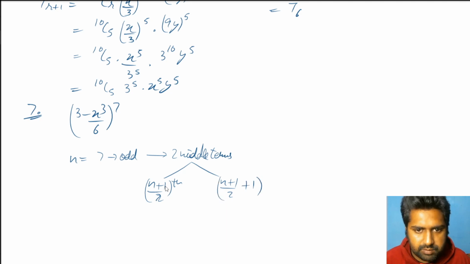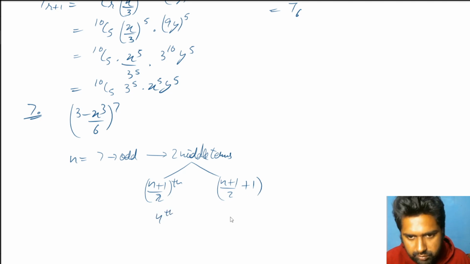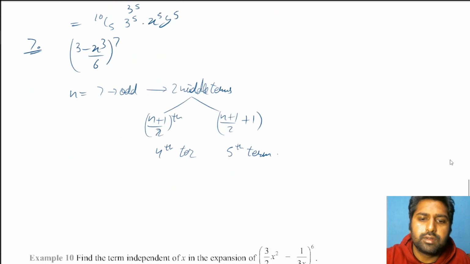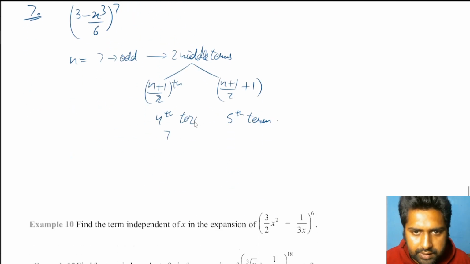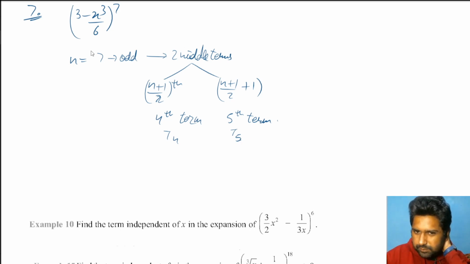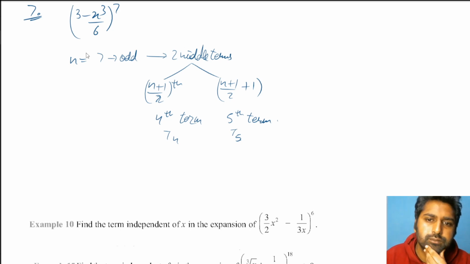So (7+1)/2, that's the 4th term, and then one more of that, the 5th term. So the 4th and 5th terms will be the middle terms. You have to calculate T4 and T5 for this expression, which I think you can calculate pretty easily. This time I'm not solving it. You get the overall idea. You can calculate.